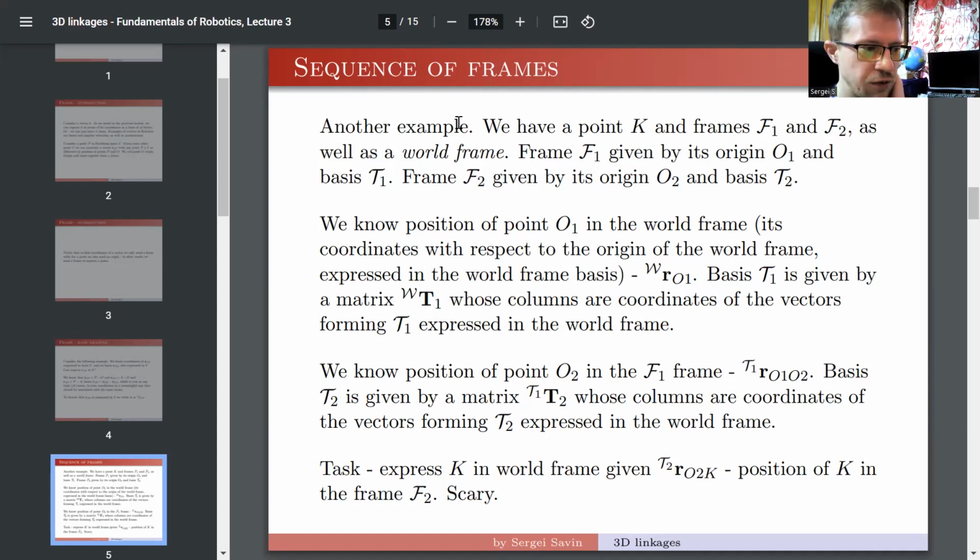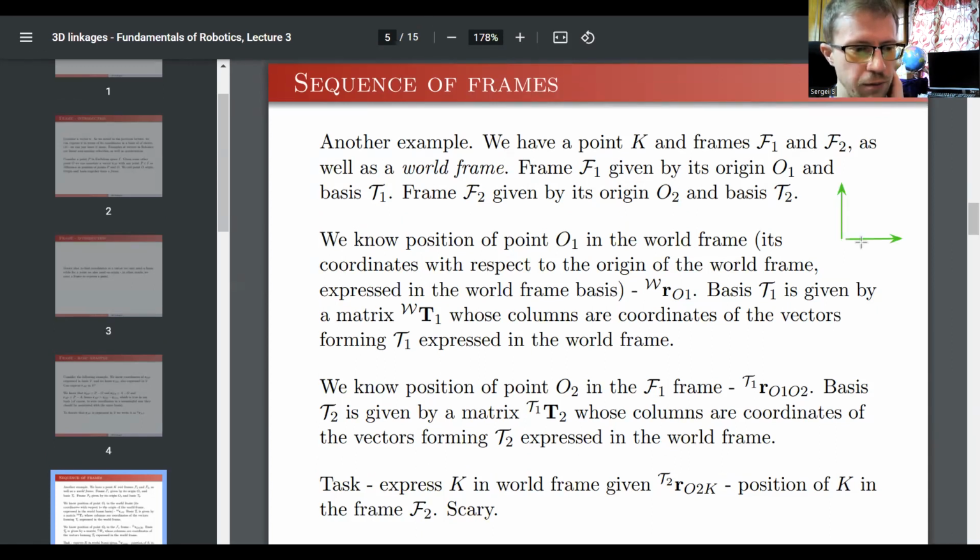Let me just for a second illustrate this point. If I give you a frame and I say, okay, in this frame you know the position of point O here, red dot, what you would expect it to mean is that there is this vector pointing from the origin of the frame to this red dot. And we know the coordinates of the red dot in terms of those green vectors.